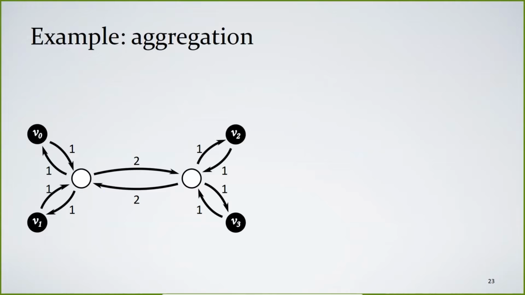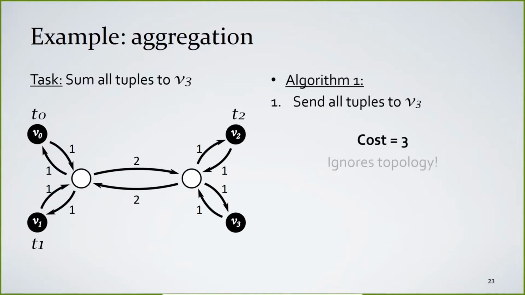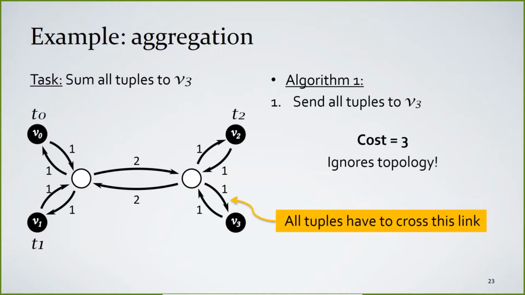Let's see an example, perhaps, to understand what is going on here. Take the really simple case of an aggregation. I start with values T0, T1, T2, and I want to collect the final output at V3. I can run a really trivial program that says everyone sends their tuple to V3. Under the previous model, this would be a one-step computation.